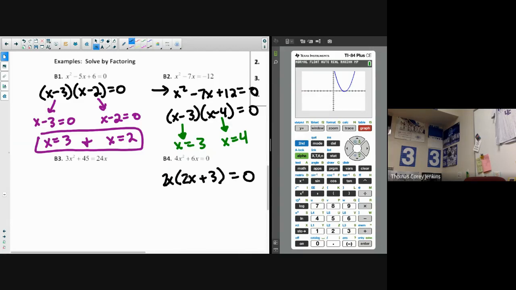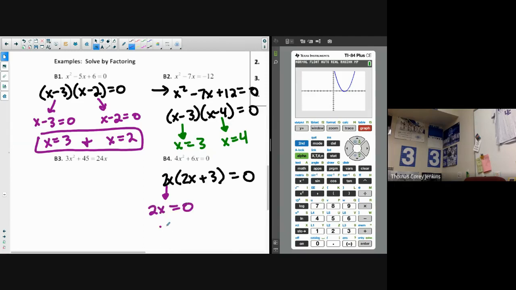A lot of people on this one would just get x equals negative 3/2, which is the solution to that part, and they'll forget to do this part. But don't forget, this is one of your two linear factors, even though it's not in parentheses, right? So for this one, you're thinking 2x equals 0.